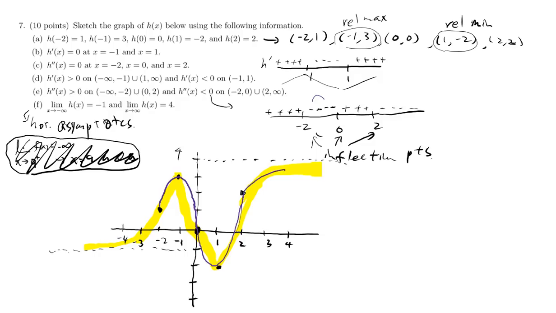If you have concave down and also increasing, it means only this half of the concave down. So this will be when you have increasing and concave down. That's why you have this graph. Same thing over here. If you have increasing and concave up, you would have this graph over here. So that final graph here would be the answer.